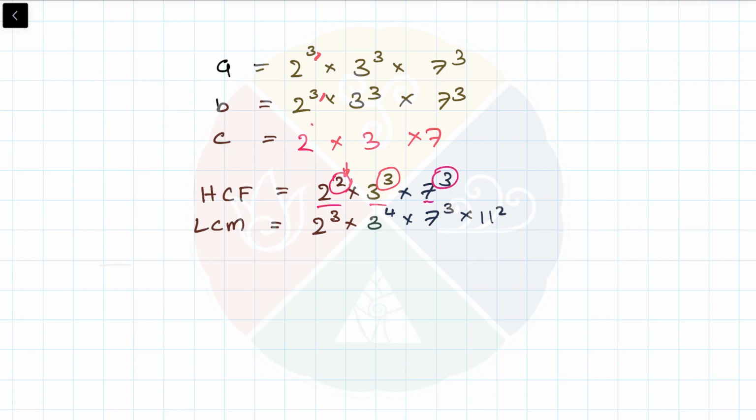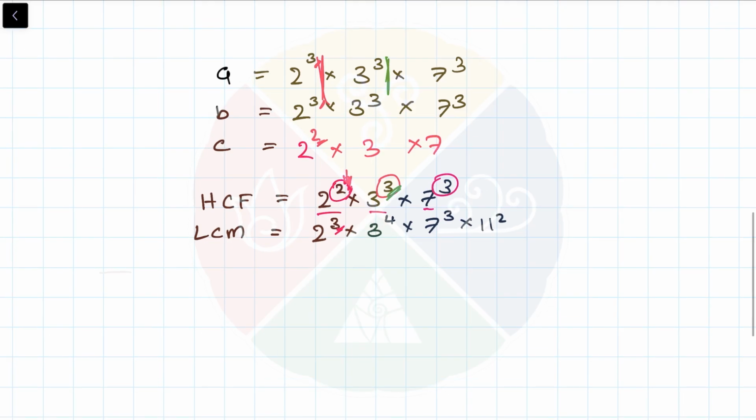So the smallest power should have come from here. Since it is 2 here, it should be 2 here, because 3 is the highest power which came from here. Now, if you look at 3, the smallest power came from both these places. But LCM has the power of 4. That should have come in from here. There is no other place. So this is 4. Now, if you look at 7, it is cube in HCF and LCM. Therefore, it simply should be cube.